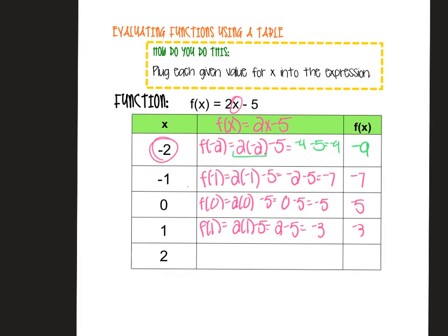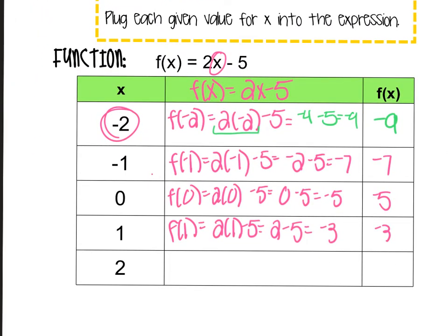And then lastly, I want to find f of 2. So I plug in 2 for my x. 2 times 2 is 4. 4 minus 5 is a negative 1. Okay, and that's how you evaluate using a table. You just take your function, plug in the x values that we give you on the table, and then use your order of operations to simplify.